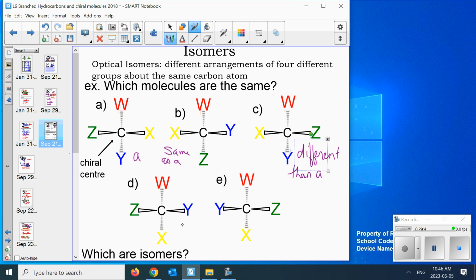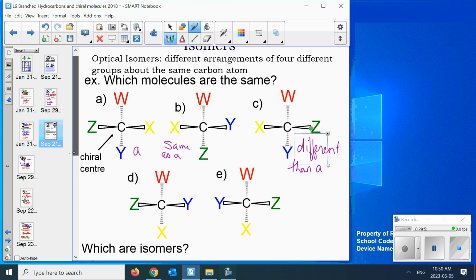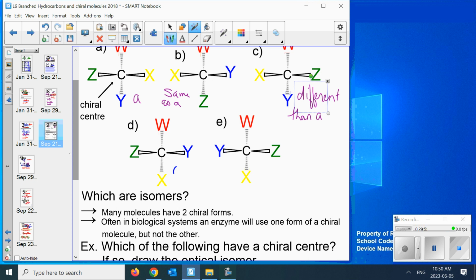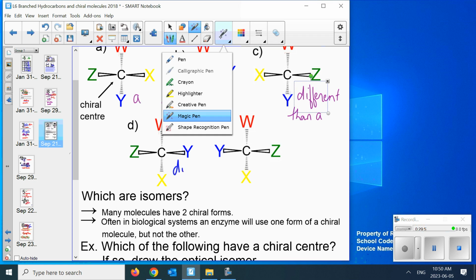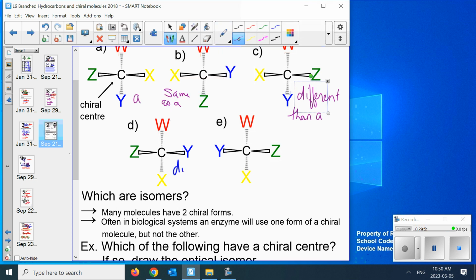Okay. I'm going to come with my A, my colorblind A. So we played around. This is different than A. It's okay to spend half an hour developing our understanding.